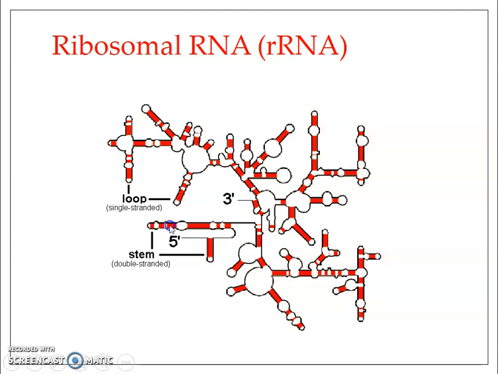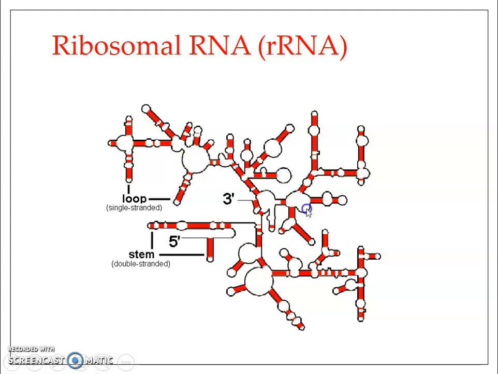Okay, so these red shaded parts are the double-stranded stems. We call it a stem. You can see here stem, right? All these red shaded parts. On the other hand, these plain parts are single stranded or unpaired because they don't have any complementary sequences over here. Okay, so these are known as loops or bubbles. All these are unpaired parts.